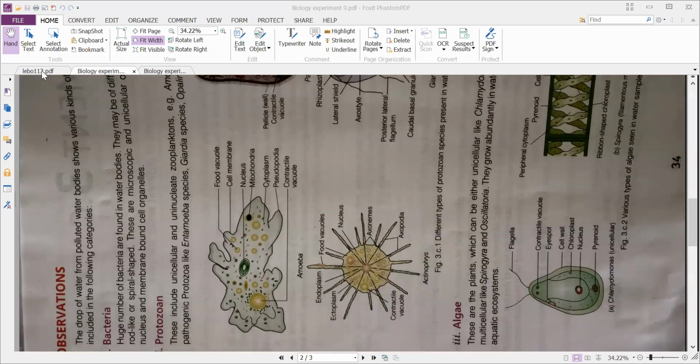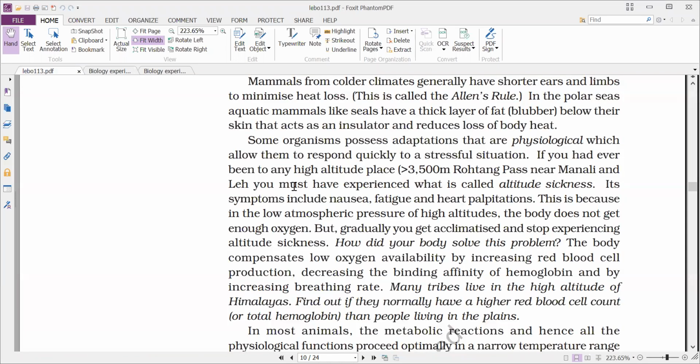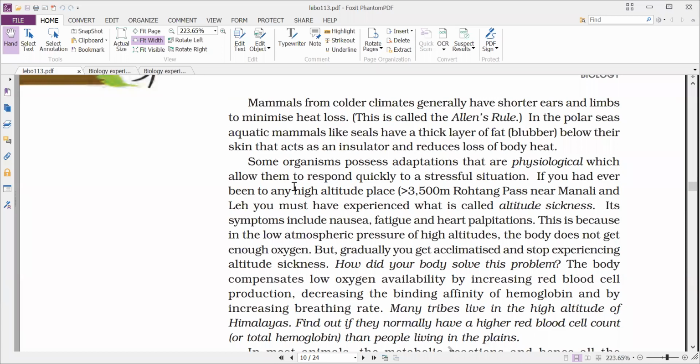And next, coming to our topic. Already we discussed Allen's rule. Those organisms which are living in a colder climate have smaller extremities, that is ears and limbs. The external ear will be shorter, and the limbs are also smaller in size.